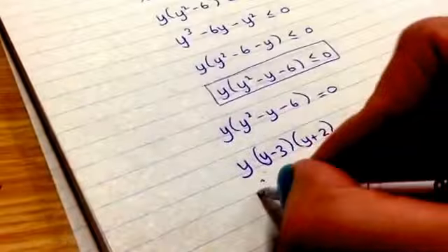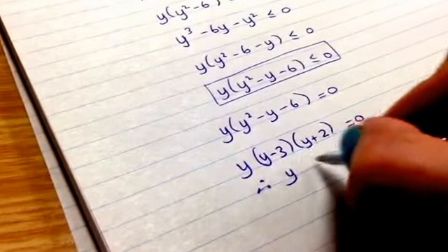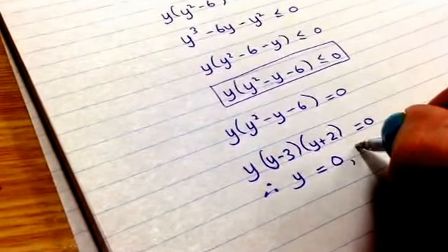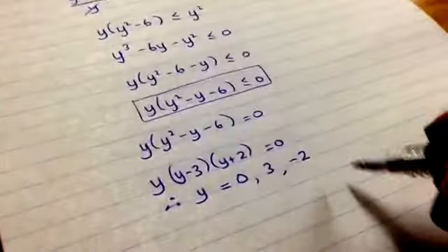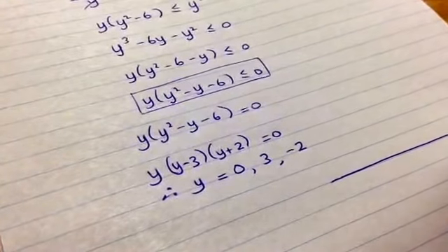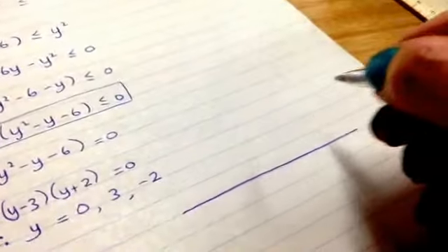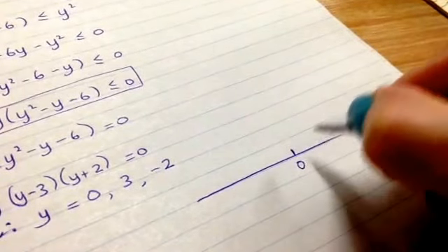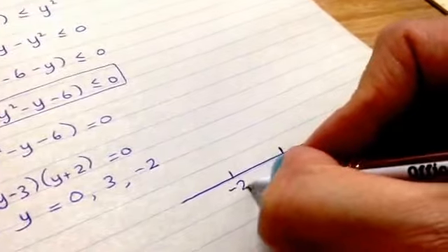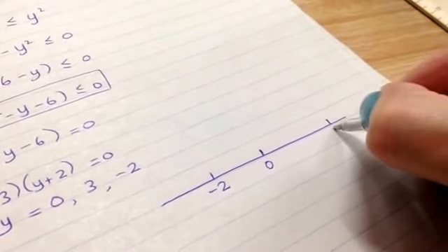Okay, so therefore you're going to get 3 solutions: y equals 0, 3, and minus 2. All right, so let's go and put those on an x-axis. I've got 0 here, minus 2 here, and 3 over here.